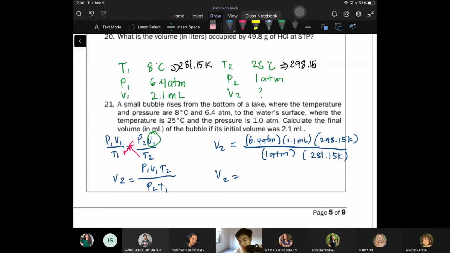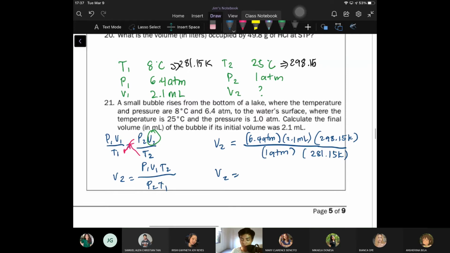So the final volume of the bubble rising from the bottom of the lake to the surface is, pakipindot na lang ha. 281.15, 6.4, 2.1, 298.15, 1, 281. Okay. So the final volume is 14.25 ml.